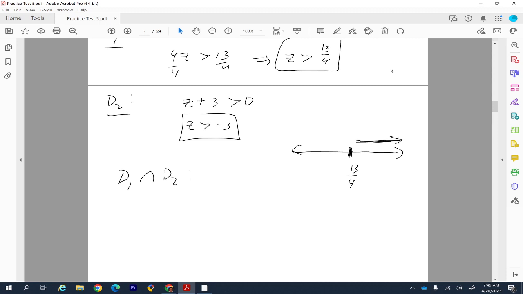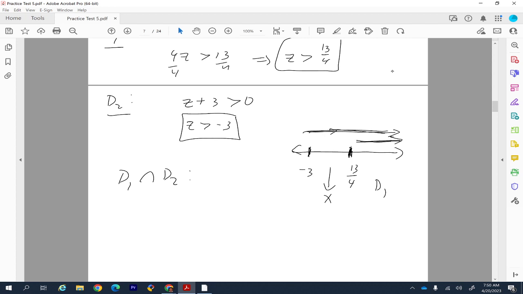But for the second one, anything greater than negative 3 is okay. So this is also pointing in the same direction. Remember, d2 is greater than d1, in the sense that d2 has d1 plus some extra. But you cannot take this extra for the whole equation, because that extra does not satisfy d1.